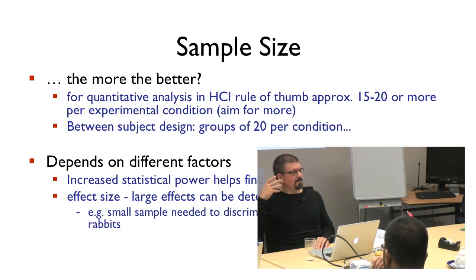Just one example, if you want to test the speed difference between a jumbo jet and a propeller plane, you probably don't need 100 jumbo jets and 100 propeller planes to come up with an idea that, okay, probably in reality, there might be a speed difference between those two types of planes.